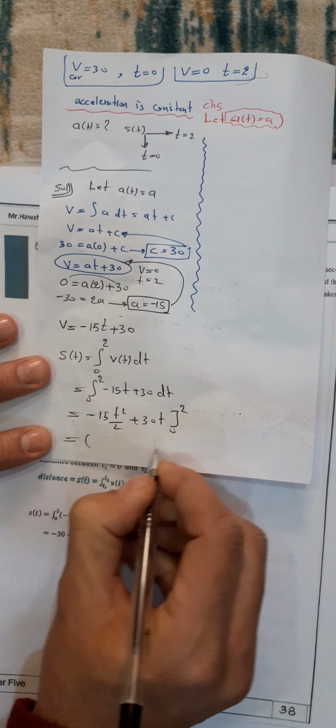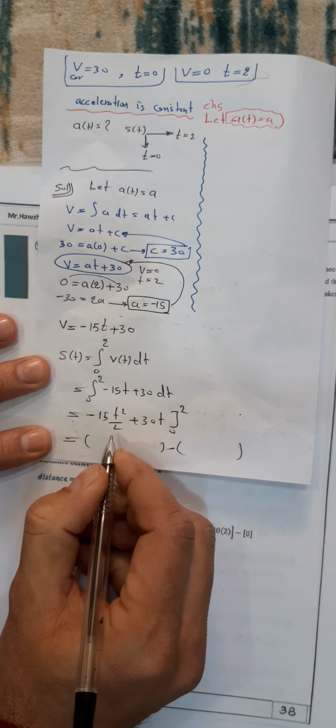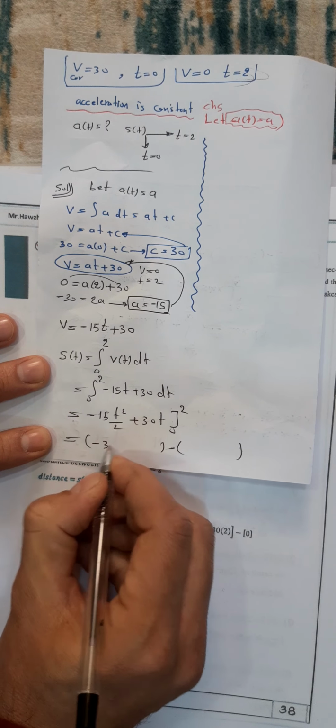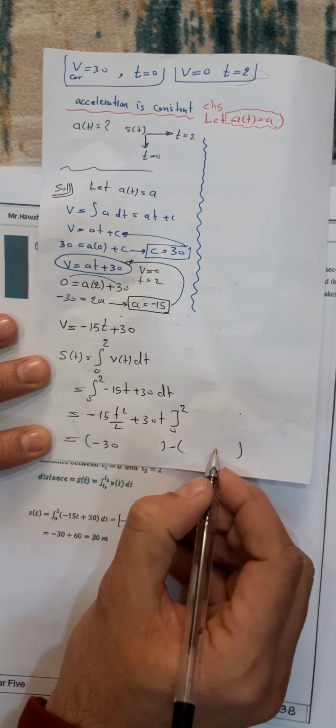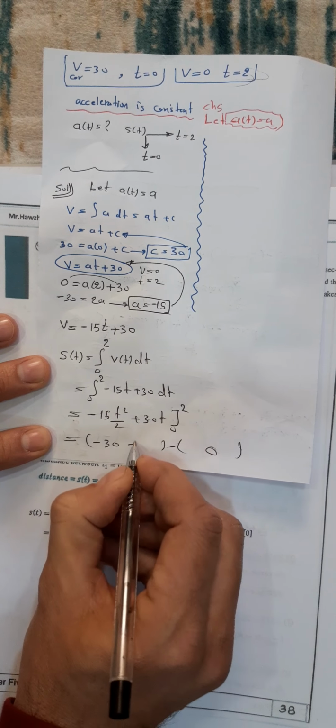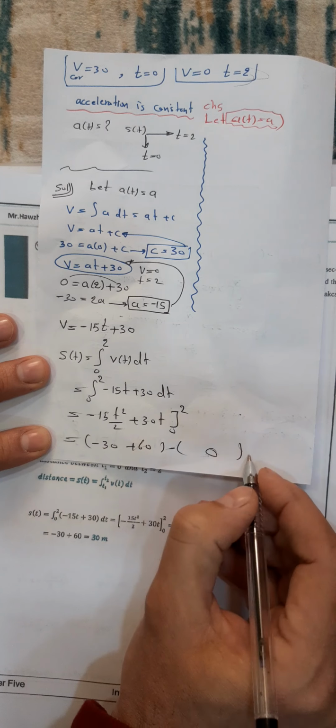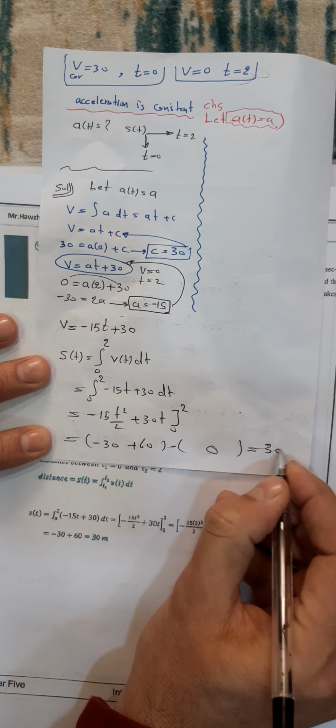Take the first bracket: minus, 2 to the power 2 is 4, 4 divided by 2 is 2, 2 times 15 is negative 30, and 30 times 2 is 60, and the second bracket is equal to 0. Negative 30 plus 60 is equal to 30.